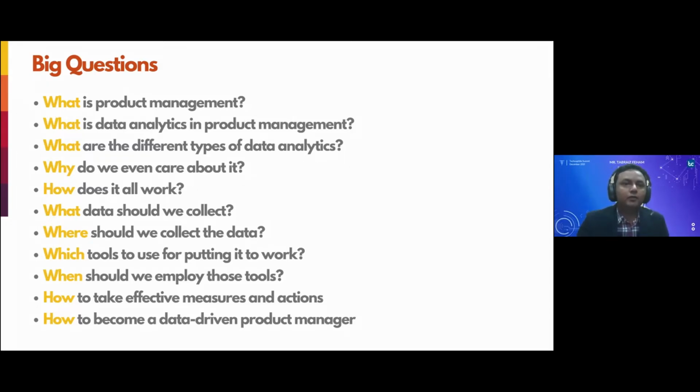Then we would look into what kind of data we should be collecting, and where exactly we should be collecting this data from. And I would be specifically highlighting some of the tools which I have been using throughout my career related to data and analytics, especially from the industry perspective. What I would be highlighting is two kinds of tools.